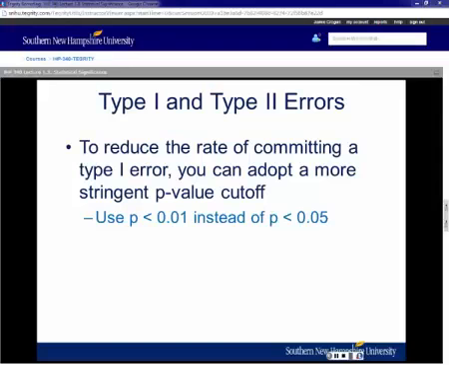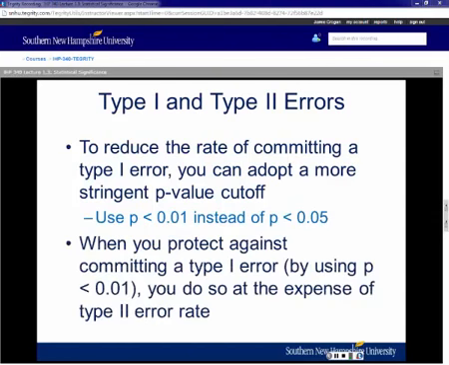So in those cases, some researchers would only say things are significant if the p-value came out to be really, really small, like 0.01 instead of 0.05. But when you do that, you actually reduce the type 1 error at the expense of a type 2 error. Those researchers who try to adopt a more stringent cutoff for saying something is significant did so at the expense of increasing their type 2 error.